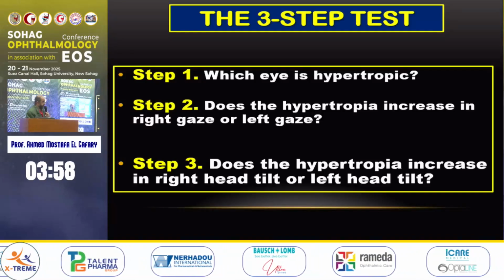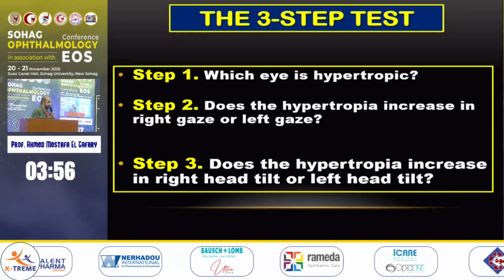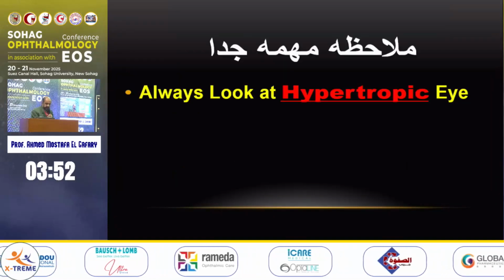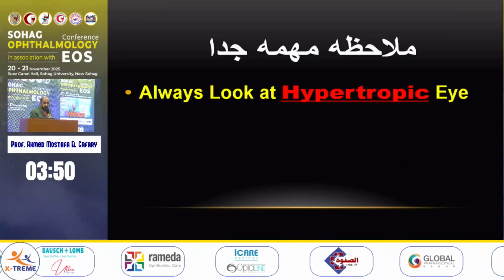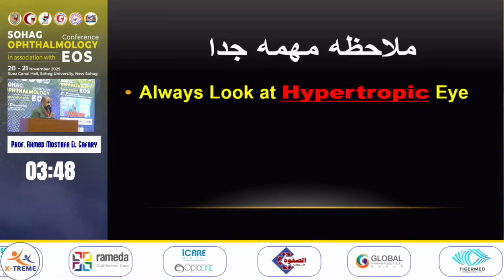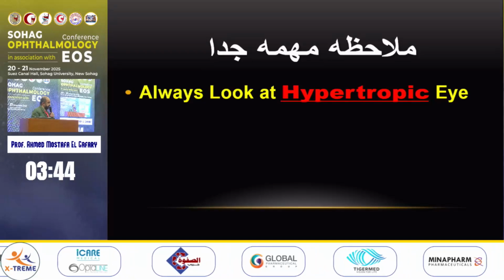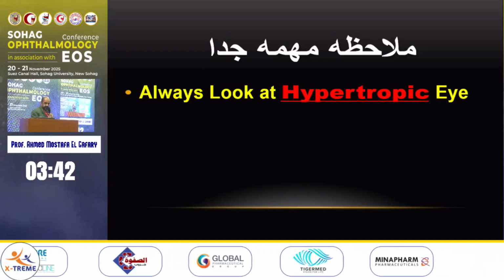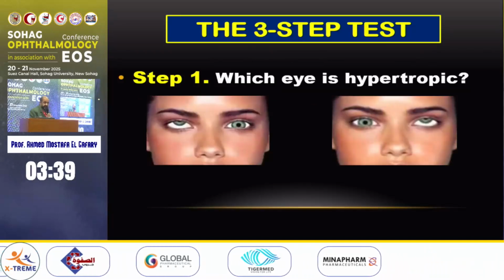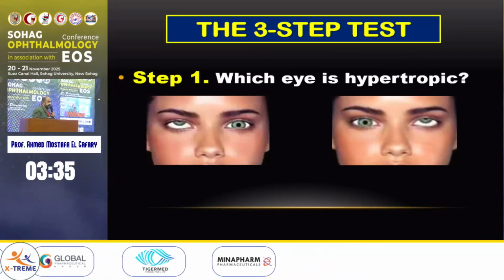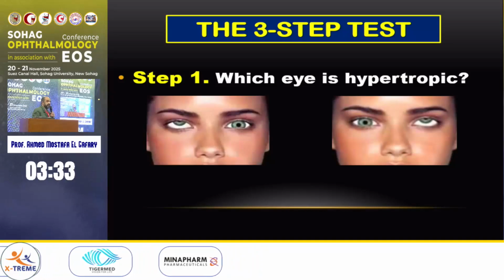So, returning back to the three questions of the three-step test. Always look for the hypertropic eye. As we said, we have to define whether we are talking about the right eye or the left eye. The first question: which eye is hypertropic? Say we started to discuss the right.